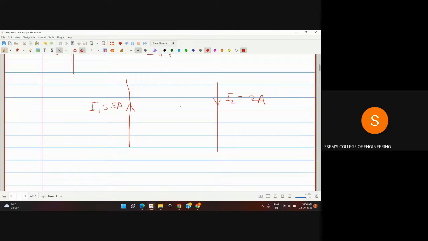Direction of the current is opposite to each other, and distance between 2 wire किती आहे, 5 सेंटीमीटर आहे. And you have to find the flux density at midpoint between 2 wire. म्हणजे हा डिस्टन्स काय असणार मला सांगा. What is this distance? R1 is 2.5 centimeter असणार, and R2 is also 2.5 centimeter.